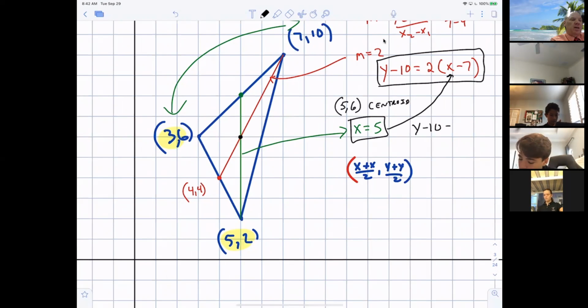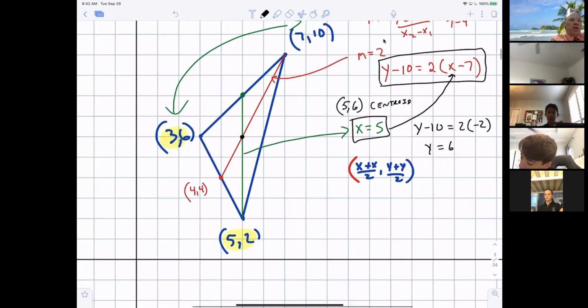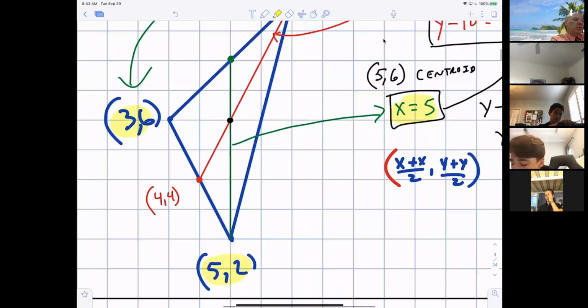Y minus 10 equals 2 times negative 2. Y equals what? 6. So the centroid is located at 5, 6. Hopefully you understand why I said that was kind of wimpy, because they already gave us the x answer, or you just had to plug it in. Or if you draw a very good graph, you could have figured that out just by using the graph. Is everybody with me on this?